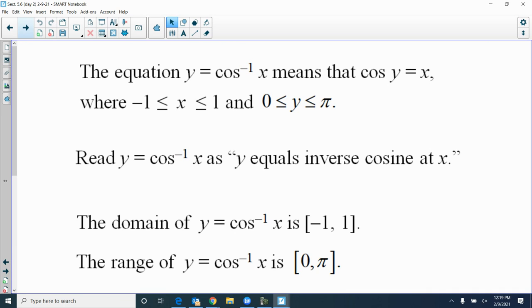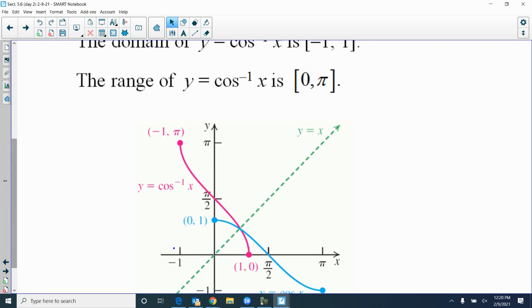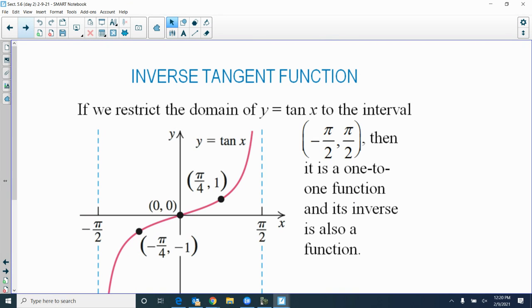So for inverse sine, you're going to get answers back in 1 or 4. For inverse cosine, you're going to get back answers in 1 or 2. Okay? And then for inverse tangent, okay, it's the same as sine.